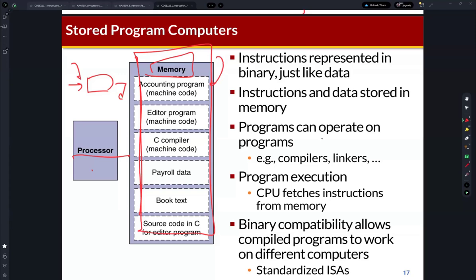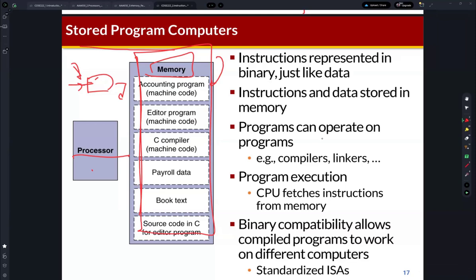Do you understand? An instruction is given to a processor, which means a processor reads instructions in memory. This concept is called stored program computers.